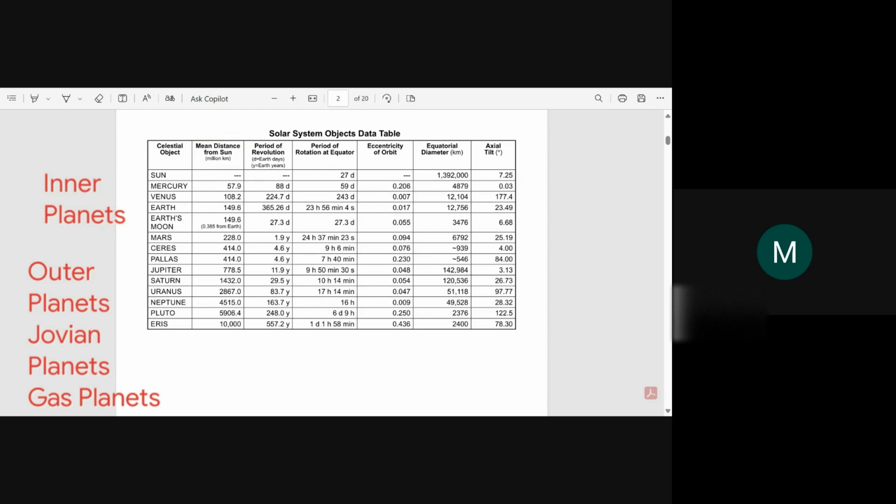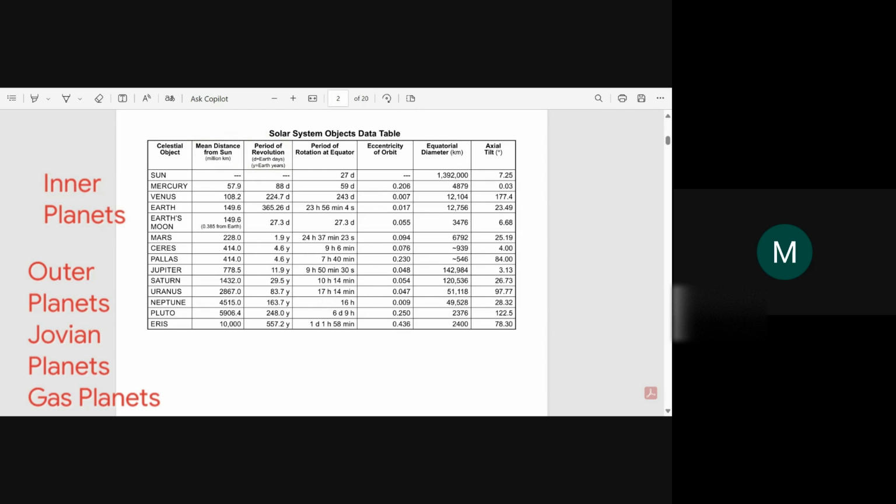And it makes sense: the further you are from the sun, the values increase. Now, the next column is the period of revolution. In other words, how long it takes for a celestial object to take one whole trip around the sun, or one full orbit.